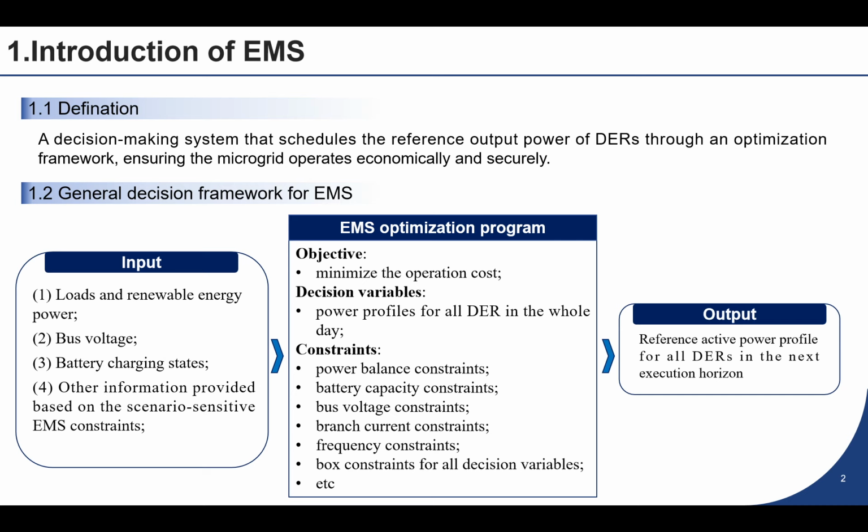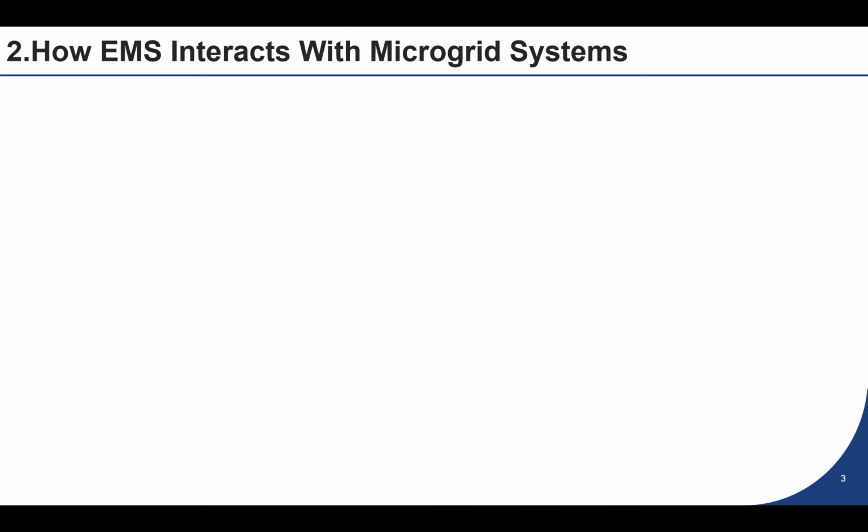Finally, the EMS outputs the reference active power profiles for all dispatchable energy resources in the upcoming execution horizon. This reference will be tracked by the local grid forming or grid following controllers at the device level.